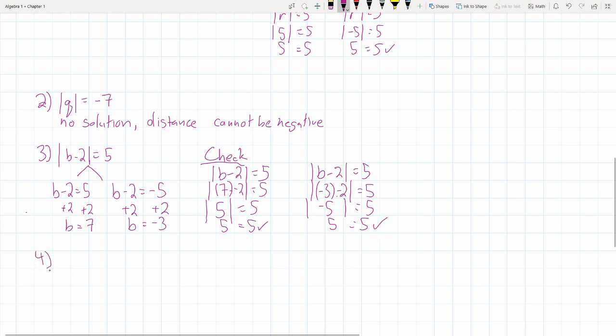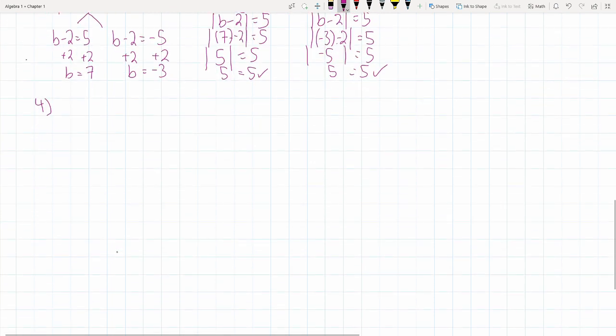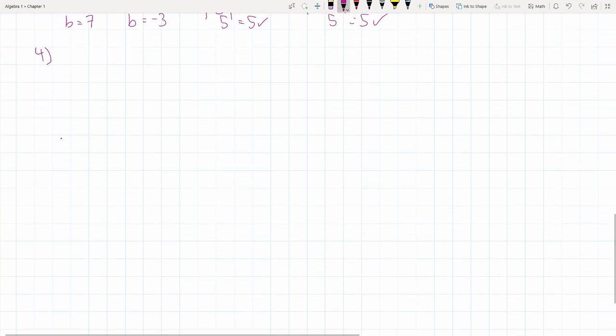Okay, let's go to number 4. Number 4 says absolute value of a over 3 equals 4. So again, in solving this, I first start off, I say, is it isolated?